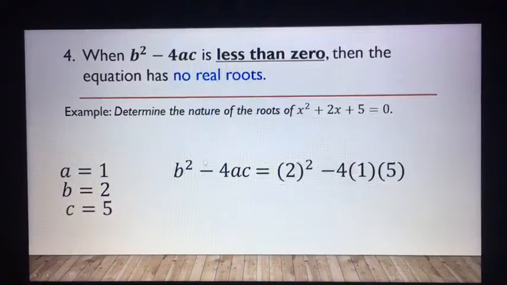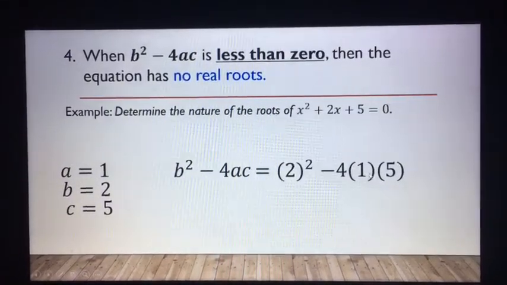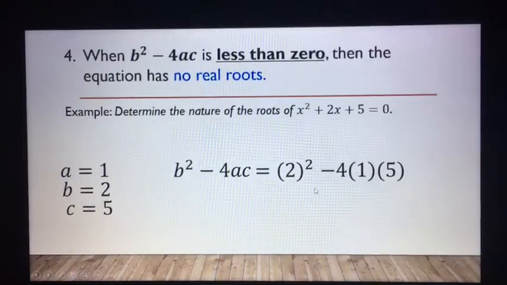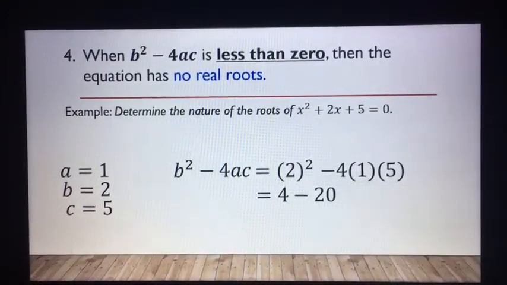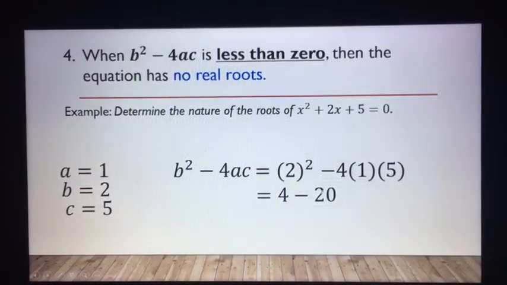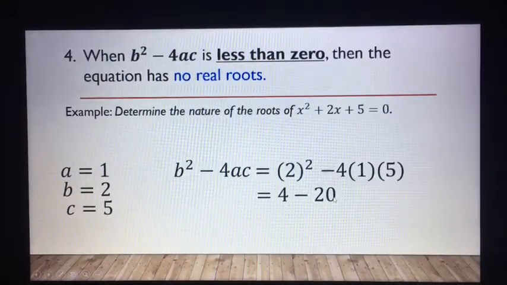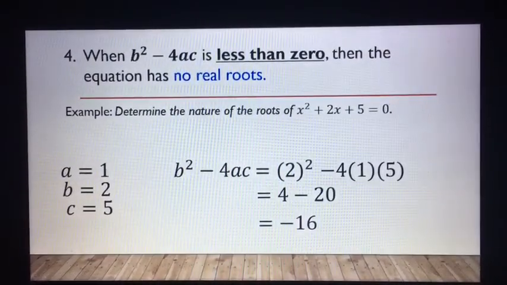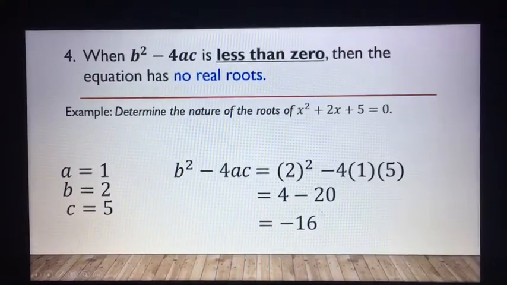So, b is 2, a is 1, c is 5. 2 squared or 2 times 2, that is 4. Then 4 times 1 times 5 is 20. So 4 minus 20, that is negative 16. Negative 16 is less than 0.